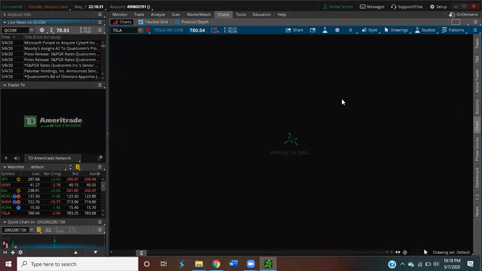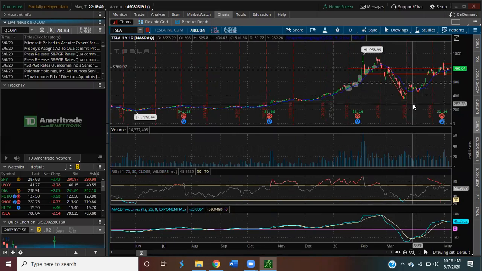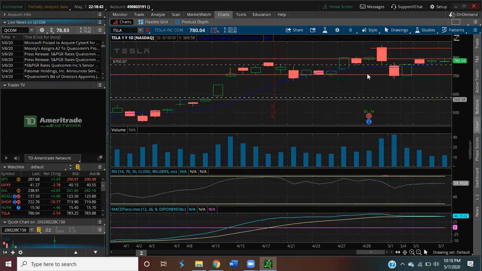One thing that I do want to point out about Tesla is they've been in a range for a minute now. By range, I just mean it's just been back and forth, back and forth. You see this right here?